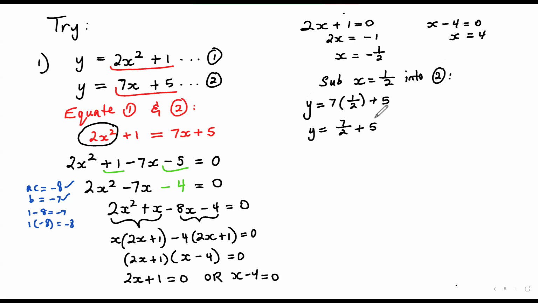What am I saying? Sorry. 7 over 2 plus 10 over 2 would be 17 over 2, which is really 8.5.